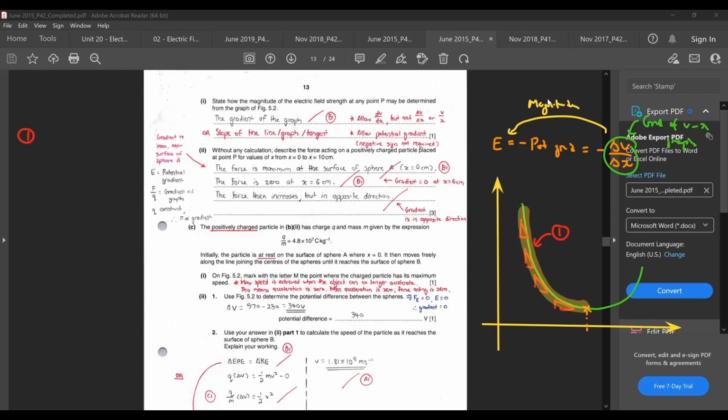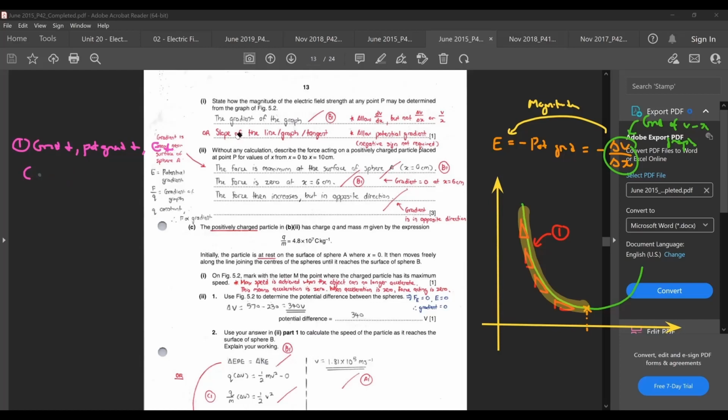So here, what I could say is this. My gradient is decreasing. My potential gradient is decreasing. So my E is decreasing. Therefore, my FE decreases.